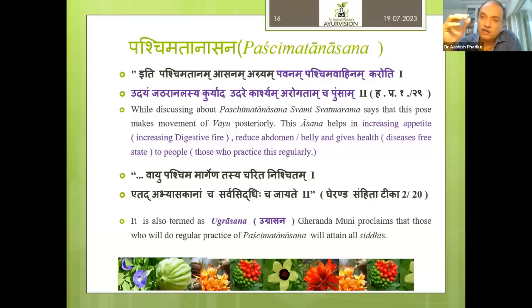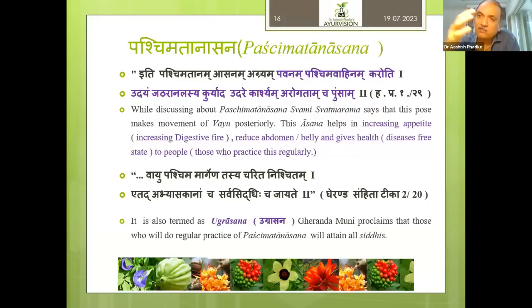Now, there are 13 types of Agni. We have Pancha Mahabhuta Agni, then Sapta Dhatu Agni: Rasa, Rakta, Mamsa, Meda, Asthi, Majja, Shukra. Rasa is your lymphatic, Rakta is your blood, Mamsa is your muscular tissue, Asthi is your bones, Majja is your bone marrow or nervous tissue, and Shukra is your reproductive tissue.